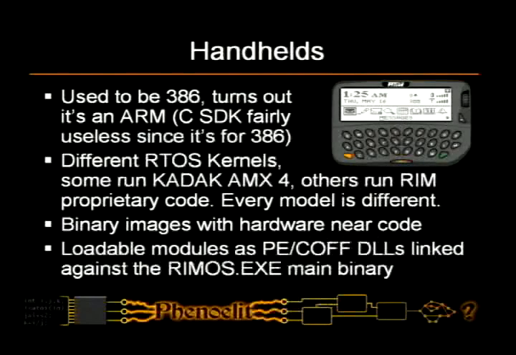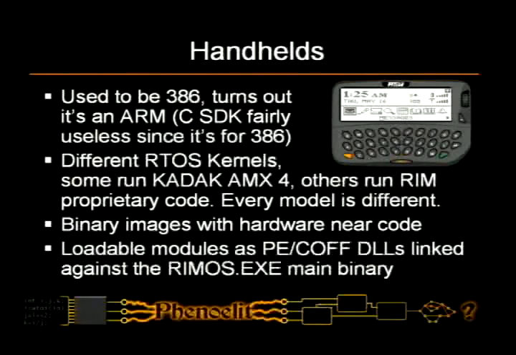Other devices run on entirely RIM proprietary code, but it's different for each and every model. So we have the same situation as with Cisco here. Again, that tells us that writing an exploit for the lower level kernel areas would not be a very smart idea, because you would have an exploit for a specific type of device and not for the whole range.